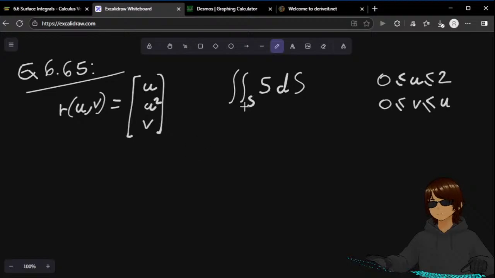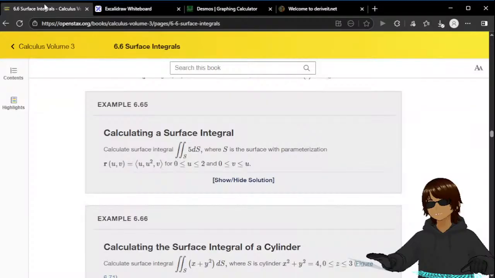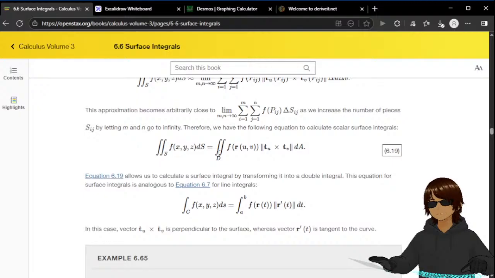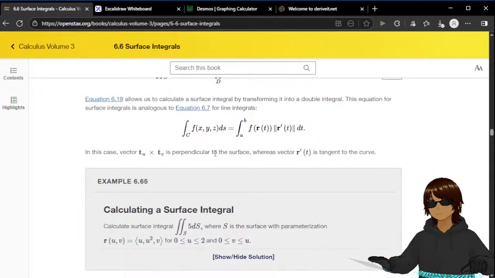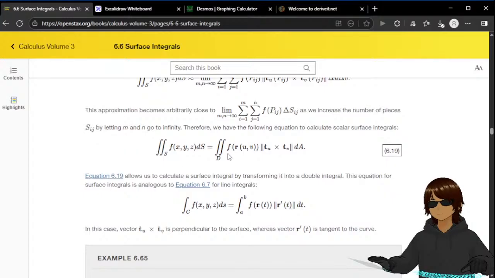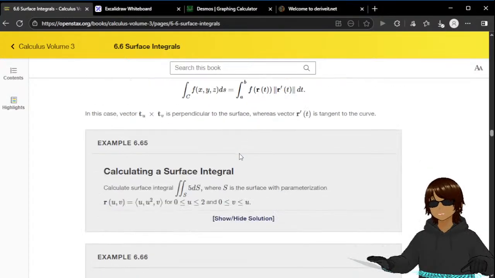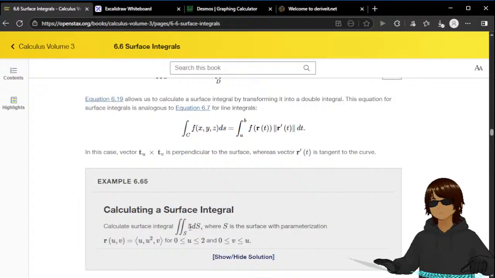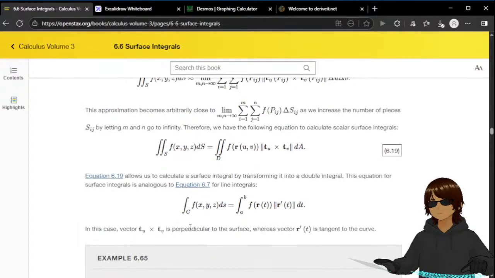Five. You do this, right? f of r(u,v). But where did the 5 go? Do I just put 5 here?